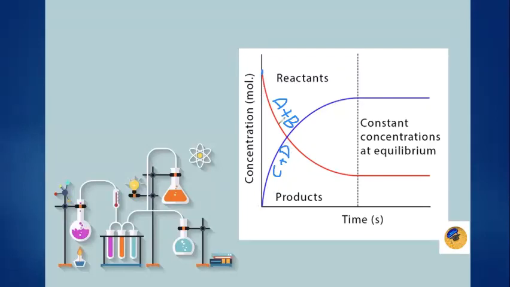As time increases, the reactants form more products, so the concentration of products increases while the concentration of reactants decreases. At a certain stage, which is equilibrium, the concentrations of reactants and products remain the same. That's what is shown in this graph.